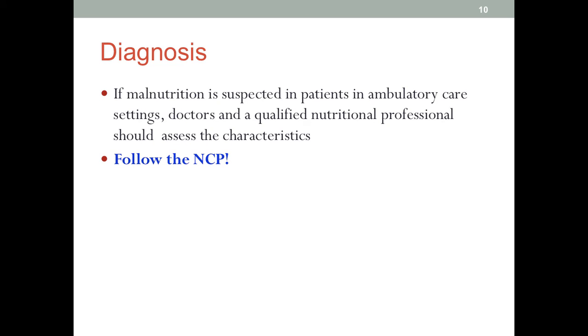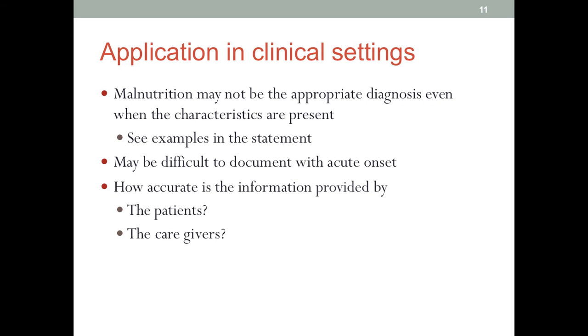We are the qualified nutrition personnel, as the food and nutrition experts, as dietitians. So we need to make sure that we are seeing these patients and that we're following the NCP model. Be aware that sometimes malnutrition diagnoses may not be reached on our first encounter with a patient, as we need to count at least 2 positive characteristics for malnutrition.